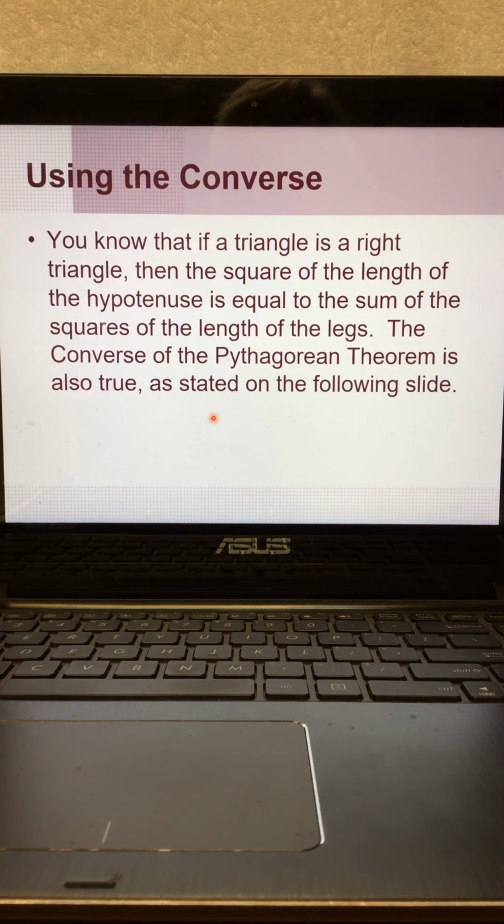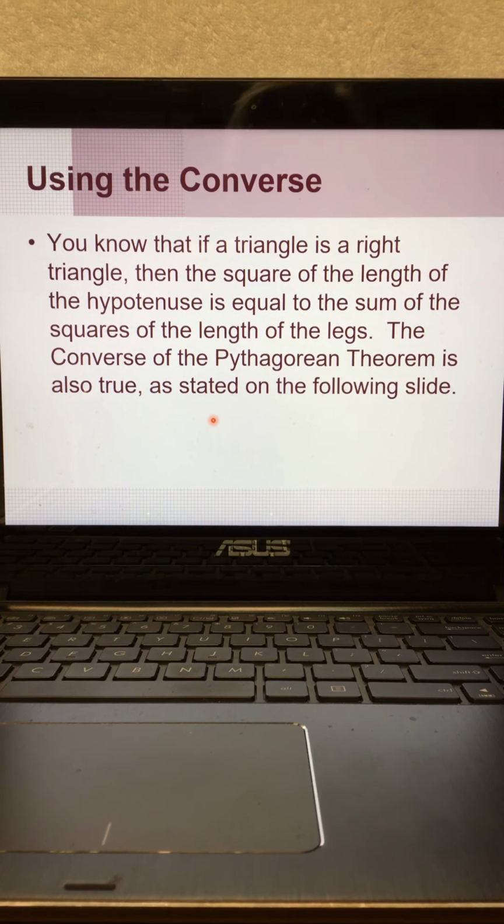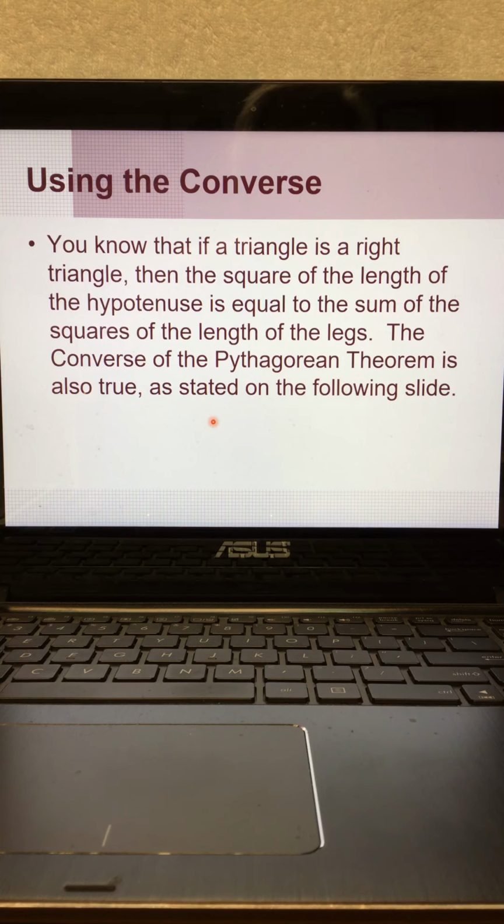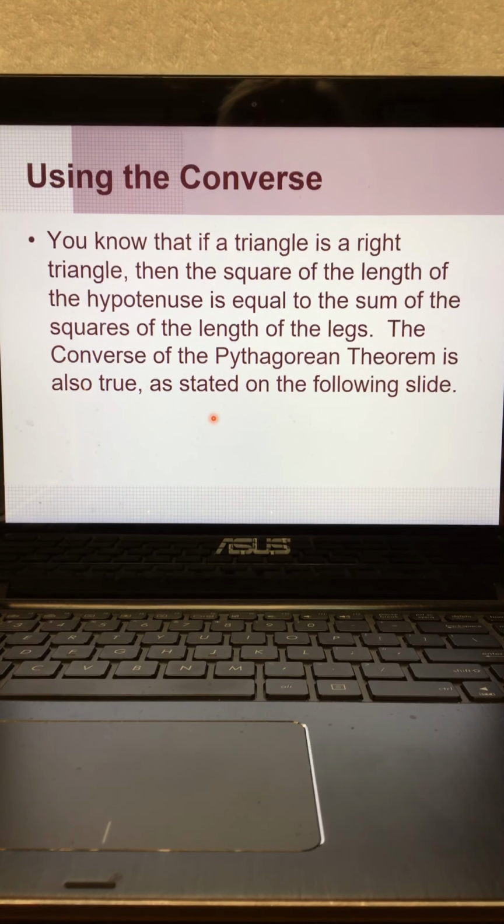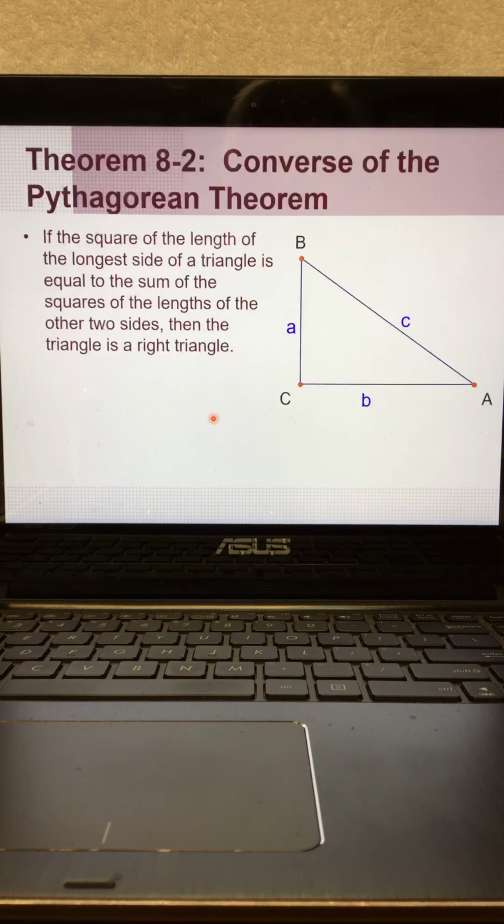But now the converse of that is also true. If you want to write the converse, you just switch the hypothesis with the conclusion. So in the Pythagorean theorem, it says, if a triangle is a right triangle, so that part should slide to the end of the new converse.